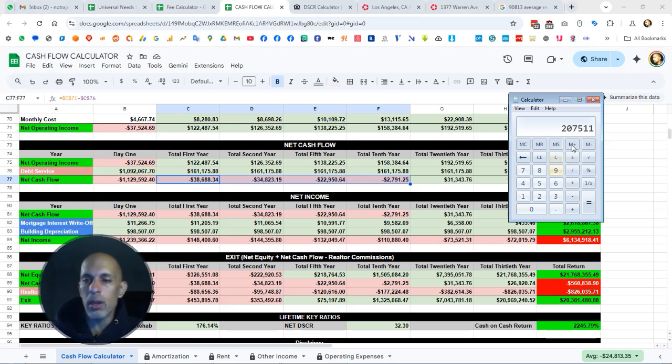So that's 207,000 right there over 11 years, over 10 years. So year 11 is when you recover that.